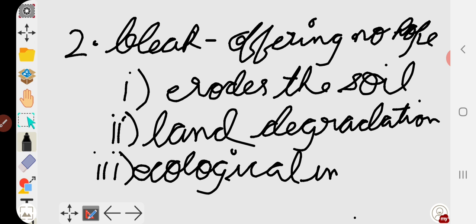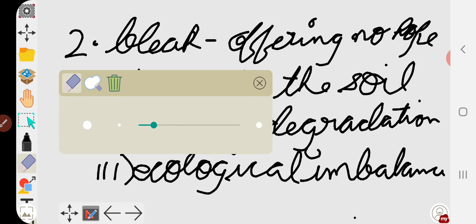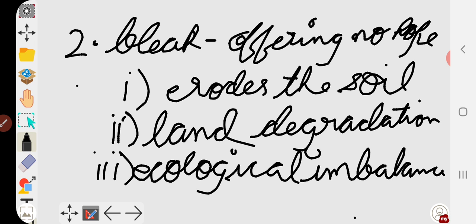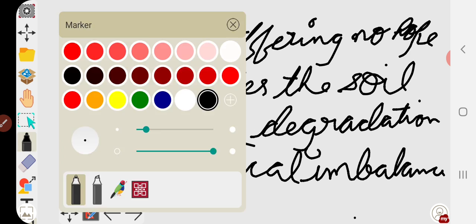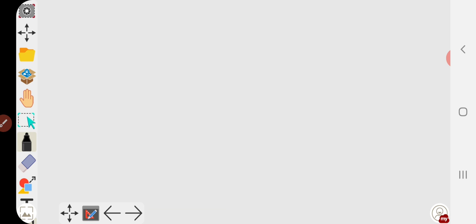Number 2: market gardening is practiced near urban areas. Why? Market gardening means growing horticulture crops or high value crops. When these are high value crops, the ones who can afford to buy them are the urban society.